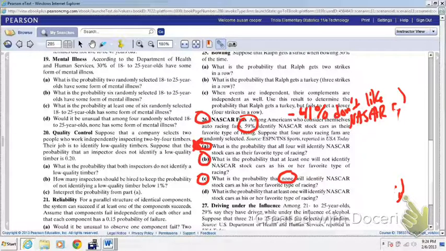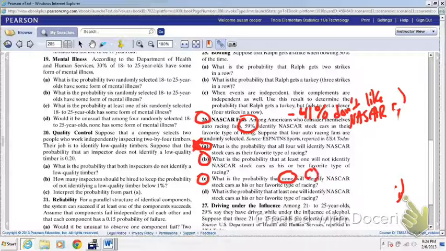So then, if I select 4, what's the chance that all 4 of them say they don't want NASCAR as their favorite? Maybe you're thinking that's the multiplication rule again, but using the 0.41, the 41%, and that would be correct.